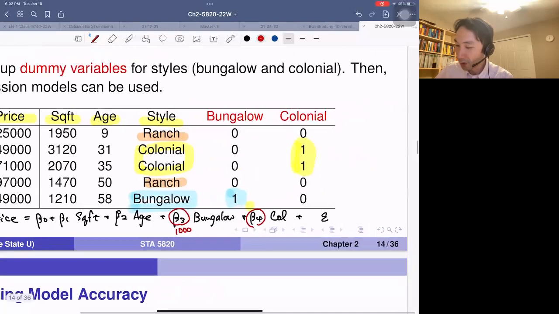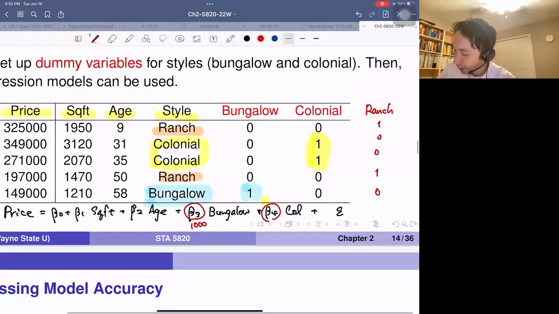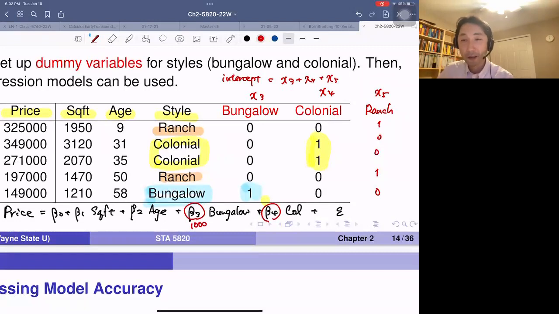And yeah, you can of course set up an indicator variable for ranch, but in this case, this variable is redundant, because if we think about these as x3, x4, and x5, then the intercept is equal to x3 plus x4 plus x5, right? If we add up x3, x4, x5, then this is just the vector of ones, 1, 1, 1, 1, 1.